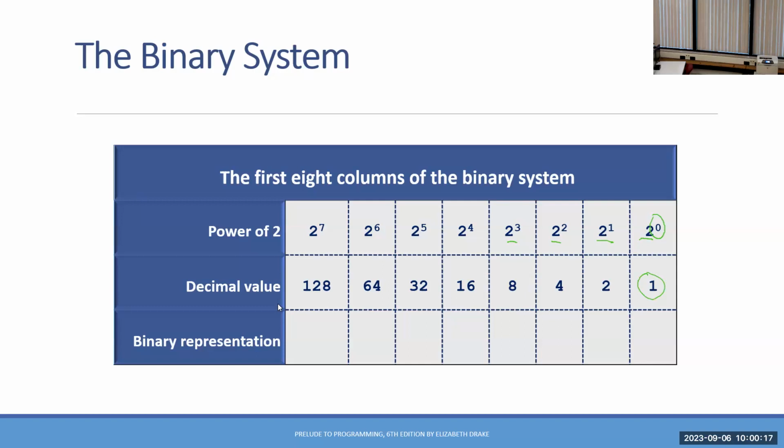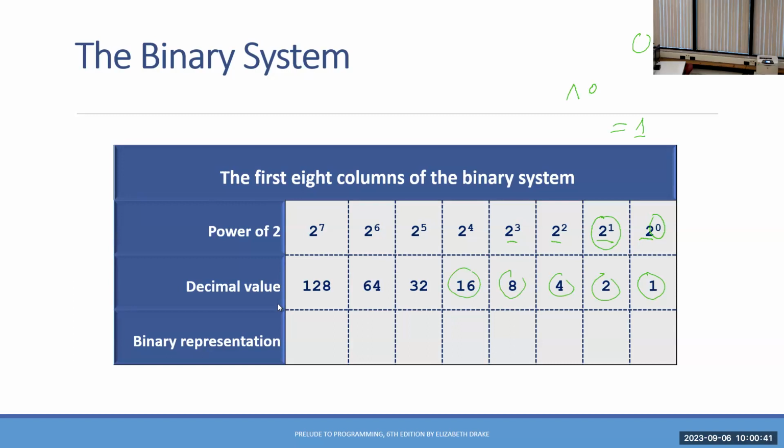Any number, when you raise to the power of 0, you have number 1. So the first column here, you have 2 raised to the power of 0, you have 1. The second one, 2 raised to the power of 1, you have 2. Then 4, 8, 16, and so on.